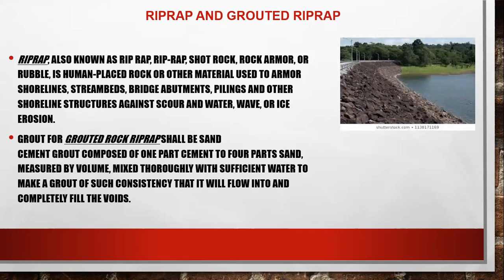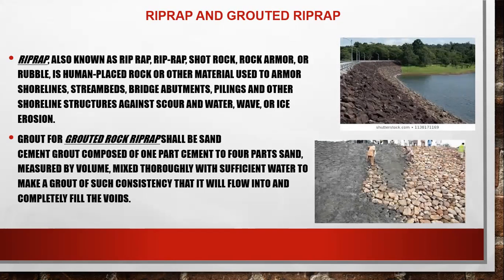The difference between riprap and grouted riprap is that riprap needs no cement, only a rock pile, while grouted riprap needs cement to join the rocks, and it also avoids voids.